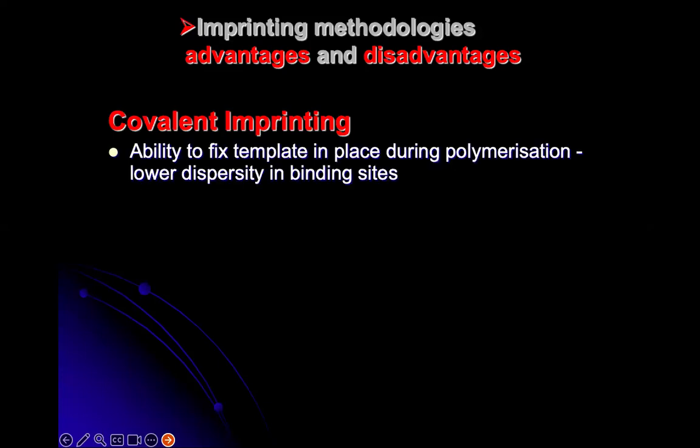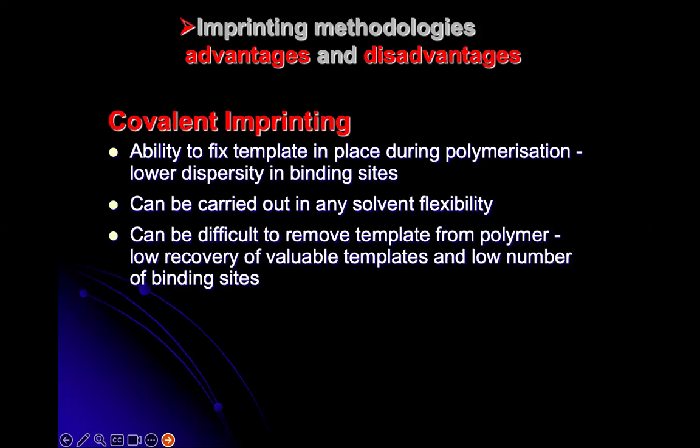Advantages and disadvantages of covalent imprinting: the ability to fix the template in place. Of course, it is a very strong interaction. Solvent means that if it is a very strong corrosive sample, then it does not easily break.